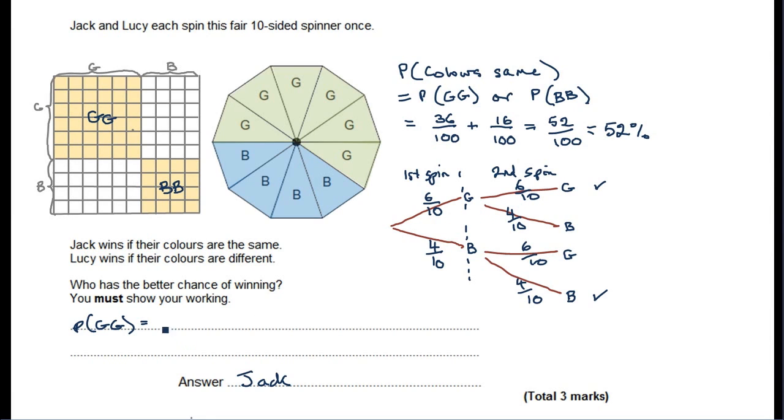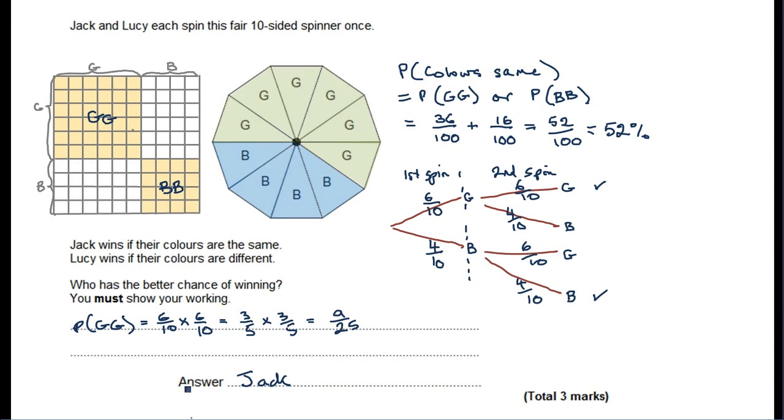Using the multiplication rule, we just multiply along the pathways. So we say 6/10 times 6/10. Or, to make our calculation easier, we can simplify first. So we say 3/5, dividing top and bottom by 2, times 3/5. And that's going to give us 9/25.